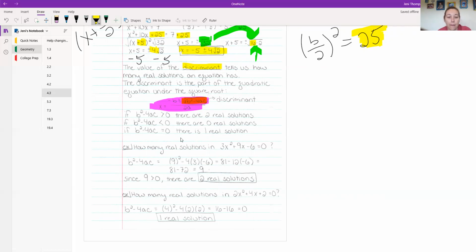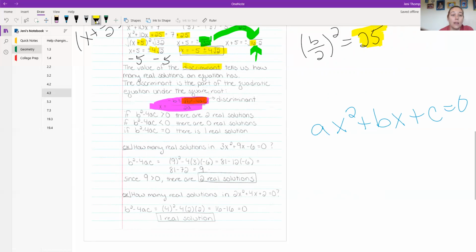So when we find our a, b, and c, right? Remember, those are going to be the coefficients. So like ax squared plus bx plus c equals 0. So here's our a, here's our b, here's our c. And we can take those and apply them to just the discriminant here, just this part under the square root sign, this b squared minus 4ac.